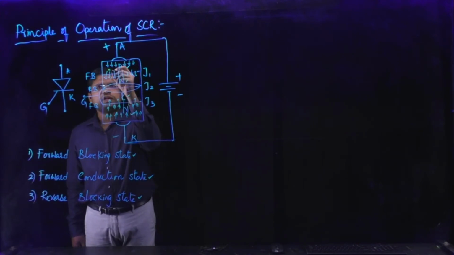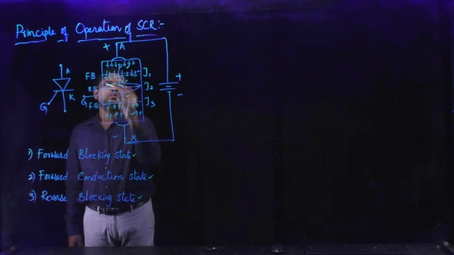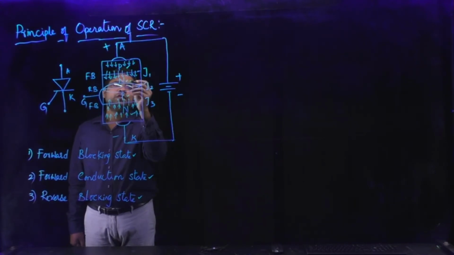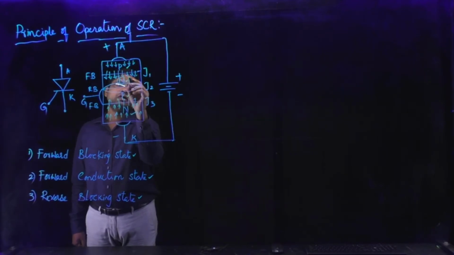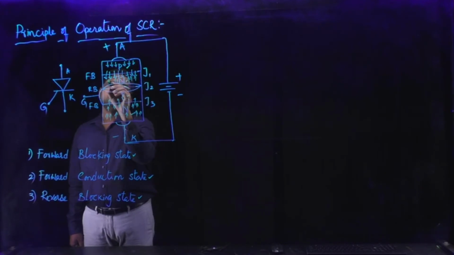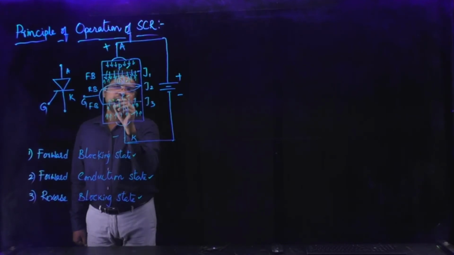This is due to recombination of the majority carriers of this N-type material with the holes of this P-type material. The majority carriers of this N-type material are in this direction. Here also something similar happens.